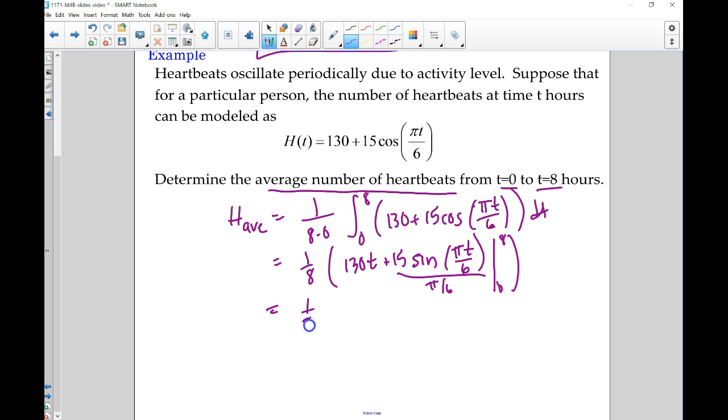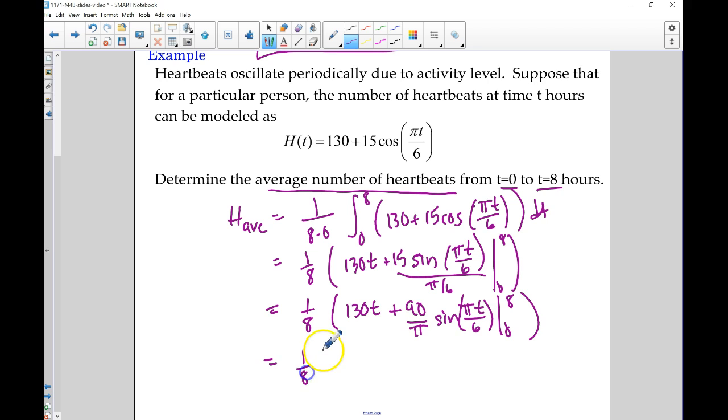Okay, so 1/8. I'm just going to simplify this for my own sake. 130t. Dividing by pi over 6 is the same as multiplying by 6 over pi, so 15 times 6 is plus 90 over pi sine of pi t over 6, evaluated 0 and 8. Okay, and now I begin the evaluation process. So 1/8. Then I plug in 8.